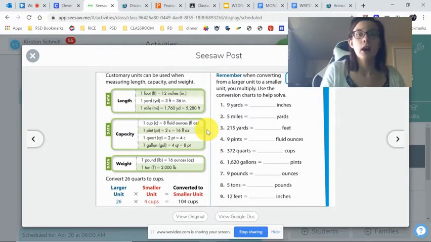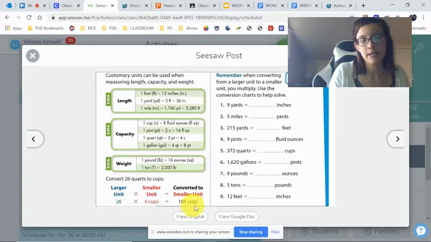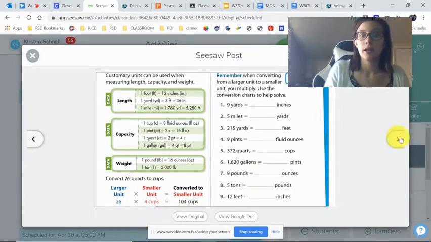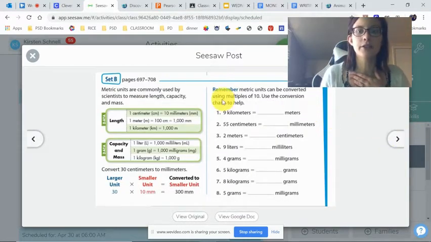So on Monday, you're going to convert all numbers 1 through 9. And here are the tables if you need to use them. And here's an example of how to convert your measurements. And then you're going to do set B, which is 1 through 8.